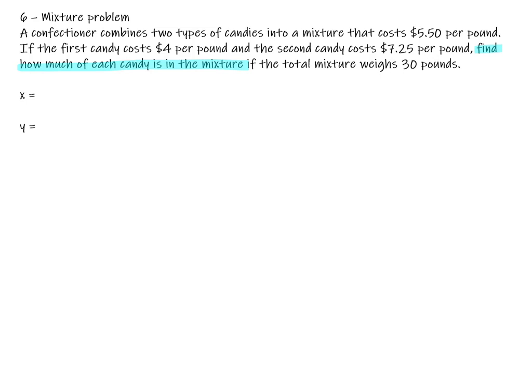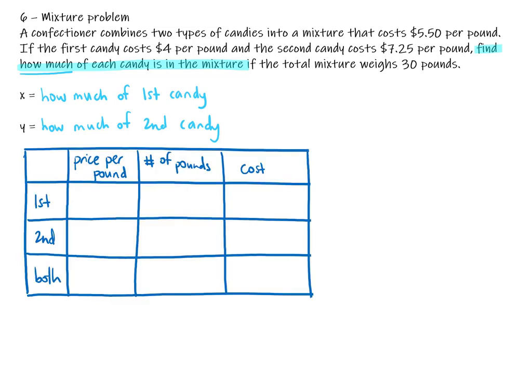So I'm going to say how much of the first candy and how much of the second candy. It's important that you know if you're looking for the cost or if you're looking for the quantity. And so that phrase how much tells us exactly that we're looking for how much does it weigh or how many pounds. Let's go ahead and set our chart up.